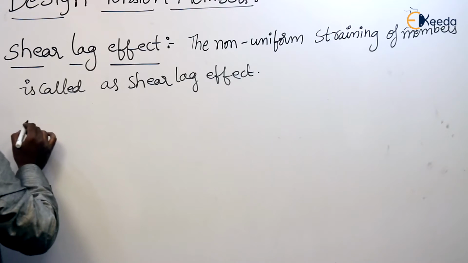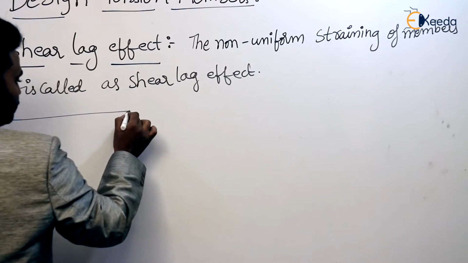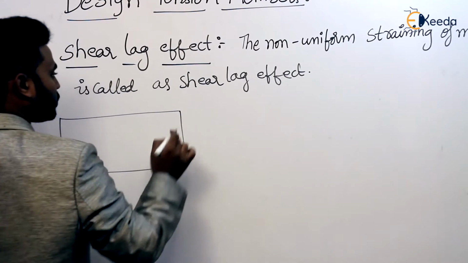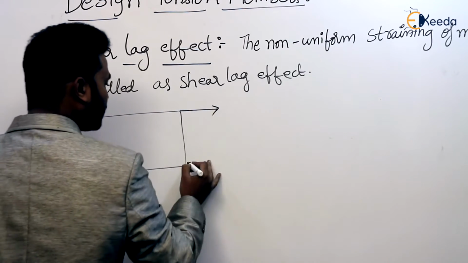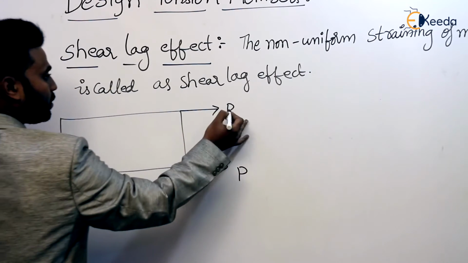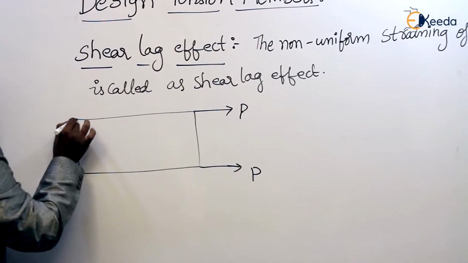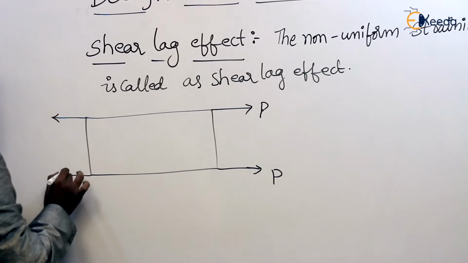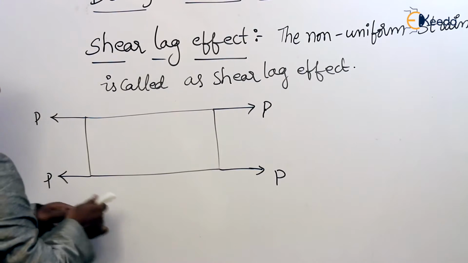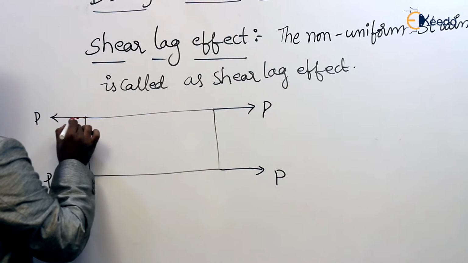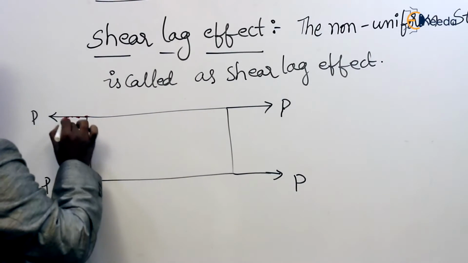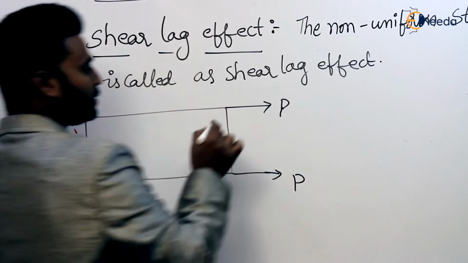So this is one member, a plate or whatever it may be. To this member there exist forces here and here like this. Now because of this force, if you observe the straining, the straining will be like this.